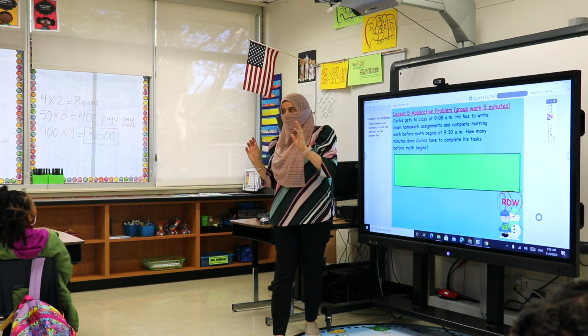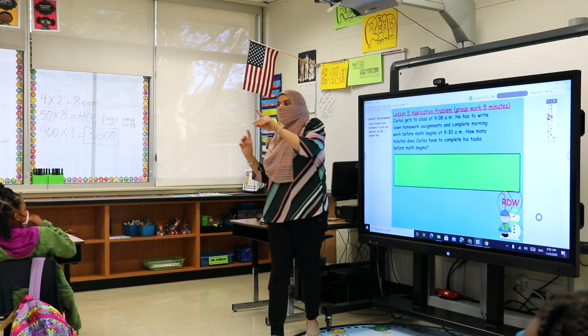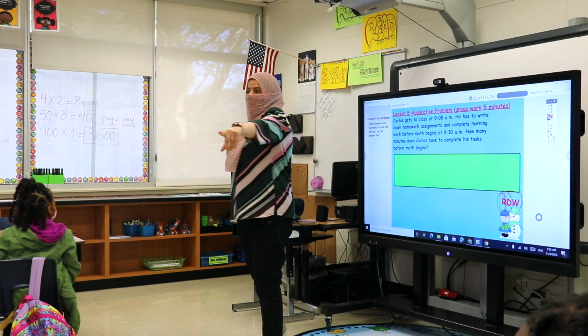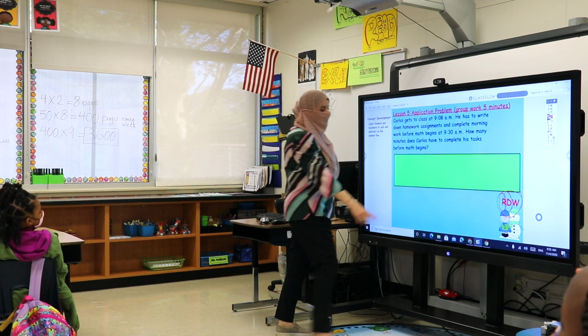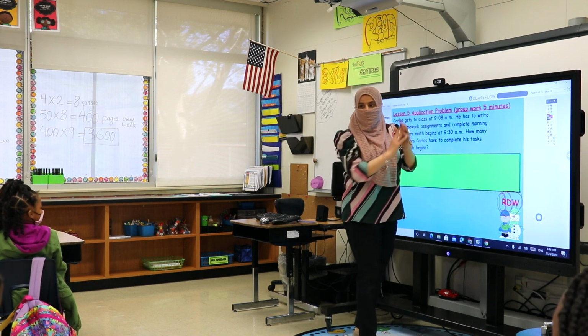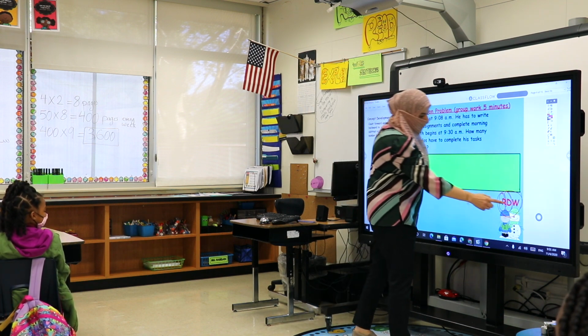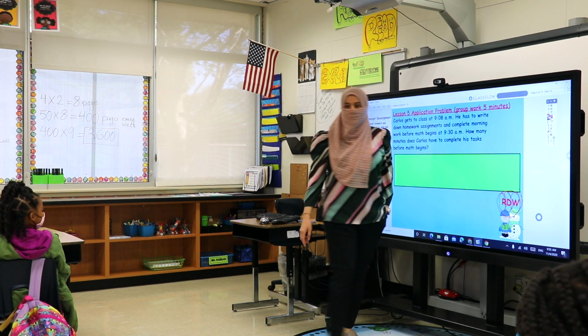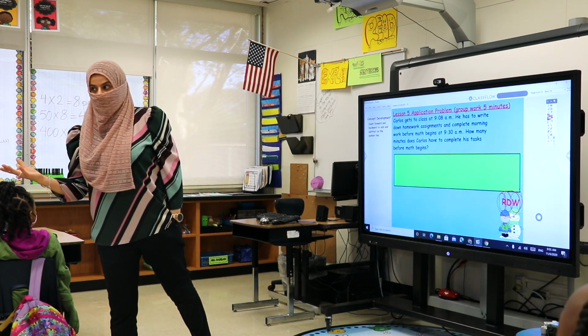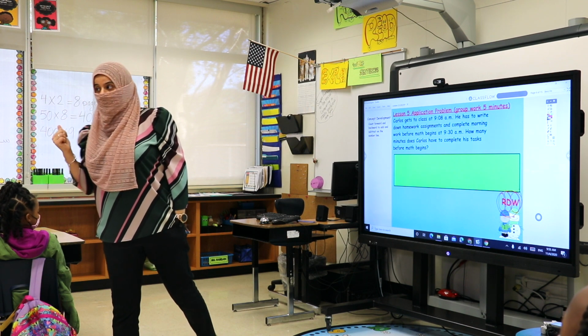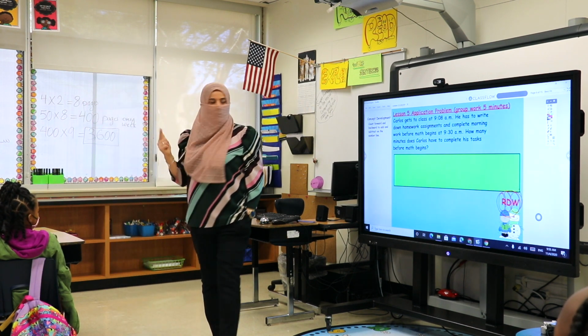A number line. This is our model, a number line. And the last thing, the W stands for write. A number sentence and a word sentence.